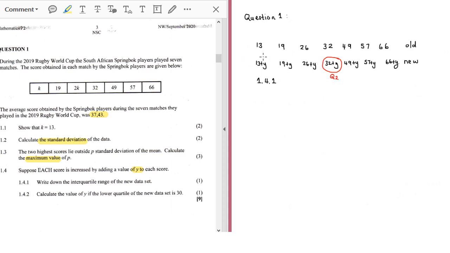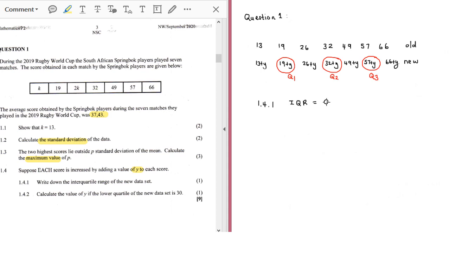Now we have the lower half of the data set. If we divide this as well into equal halves, so basically moving inwards, you will have 19 plus y as Q1, and then 57 plus y as our Q3. Right, so we are looking for the interquartile range.